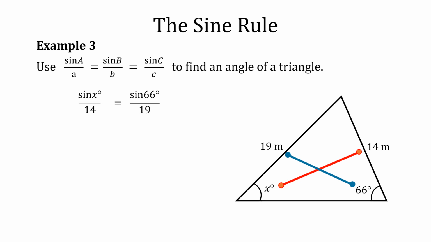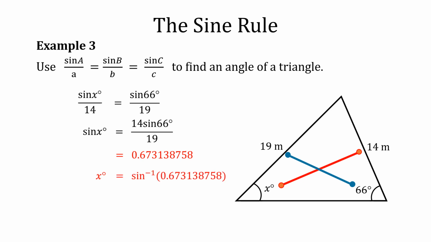So notice by using this formula, the unknown x appears at the top left corner of our formula, which makes it easy to continue with the working. We make sine x the subject. Now, you can, of course, use the calculator to work out what the value of the right-hand side is. And then you find x by using sine inverse of this calculated value.